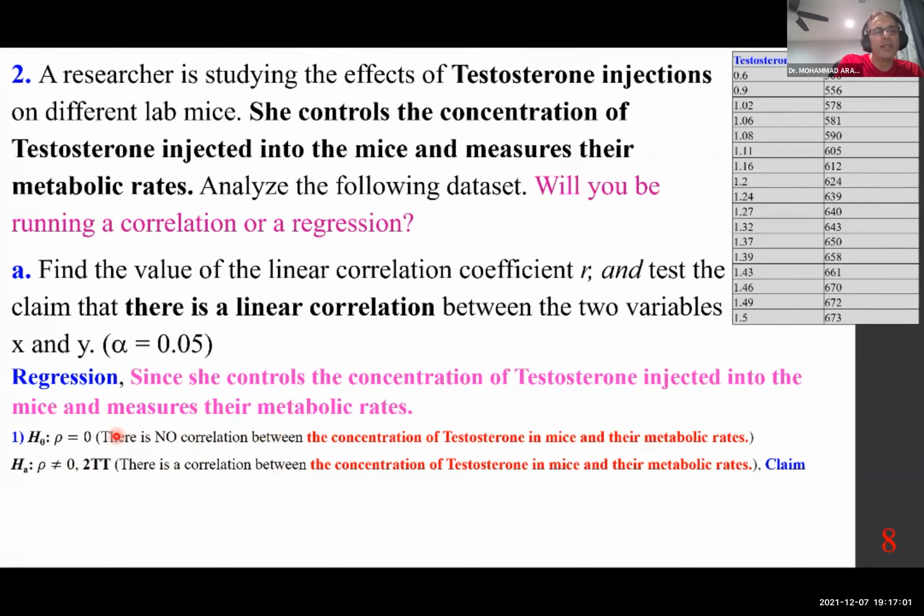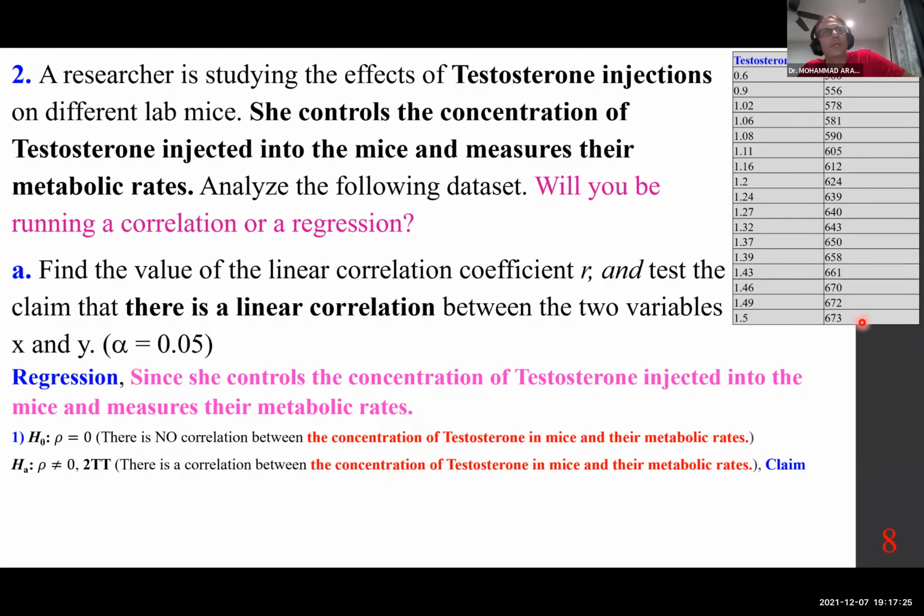So what do we mean by there is no correlation? We mean there is no correlation between the concentration of testosterone in mice and their metabolic rates. In the alternative, we are saying basically the same thing, but there is a correlation between the two variables. So now we have a set of data.